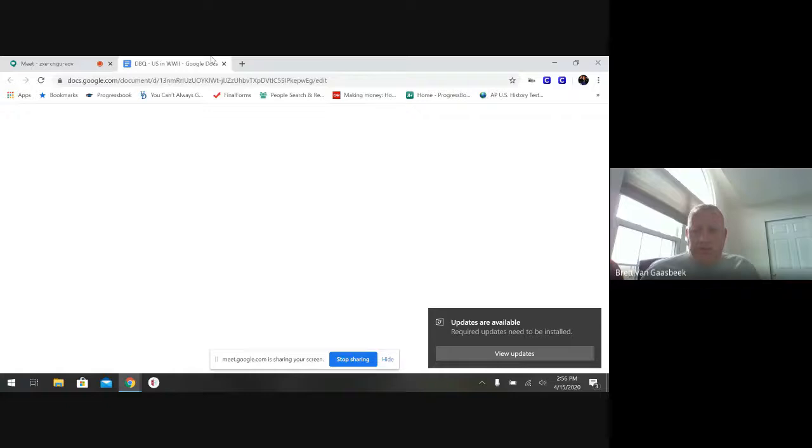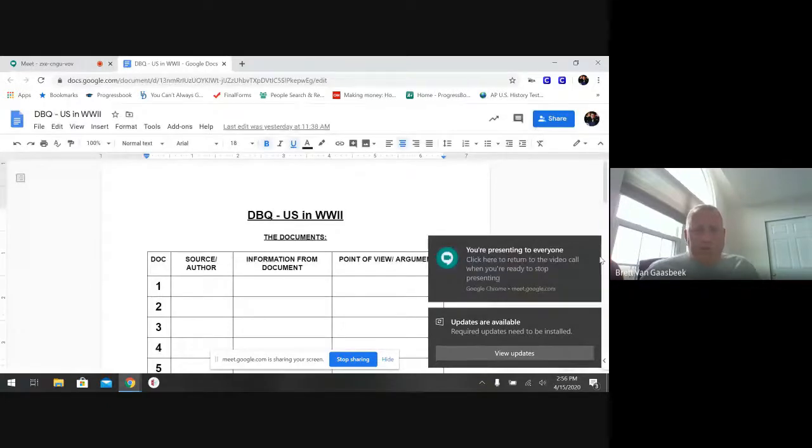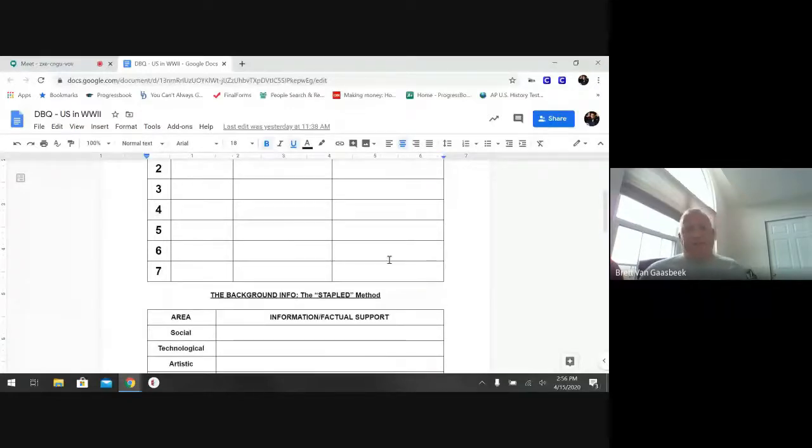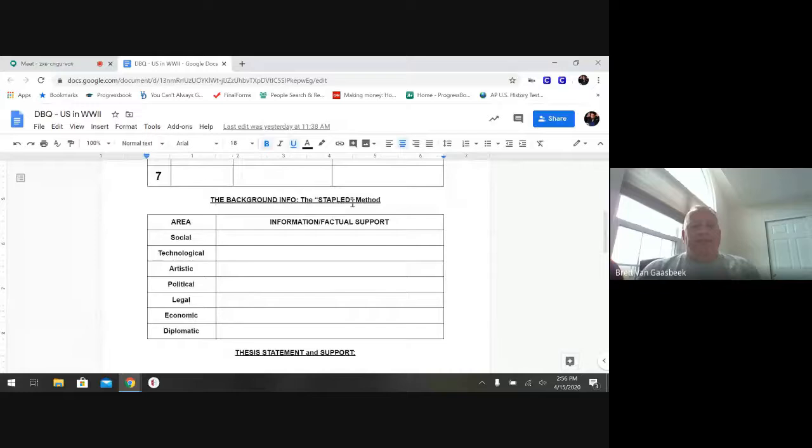So this worksheet, we've gone through the 7 documents here. Down here, the background info, the stapled method. This was something that was brought to my attention a long time ago. You never have to use these methods that I present to you, but it's a good idea to try them every now and then.